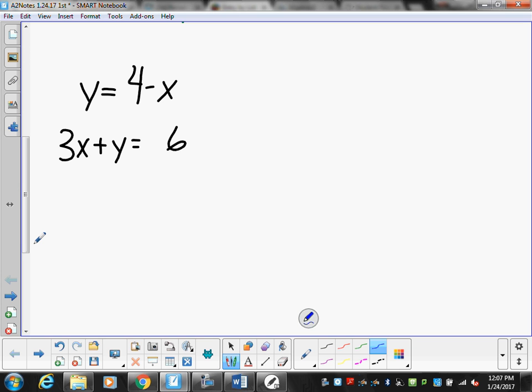Okay, here's the next kind of problem. This is a problem where I would choose to do substitution if I was given the option. But the problems in the assignment are telling you to use elimination to solve this.